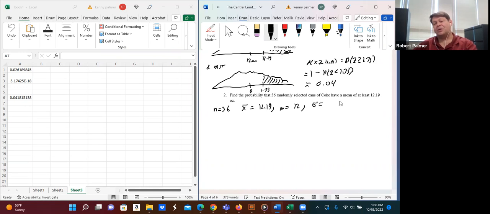This time our standard deviation is going to be 0.11 divided by the square root of 36, and the square root of 36 is 6. So let's do that. 0.11 divided by 6, I'll go to 3 decimal places, is about 0.018, which is quite a bit smaller, 6 times smaller.